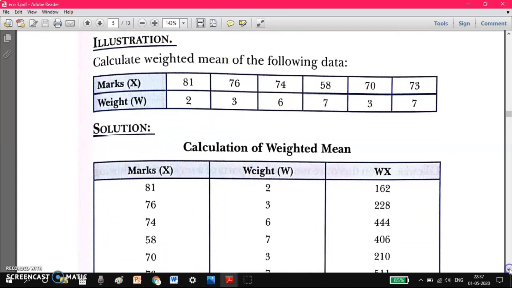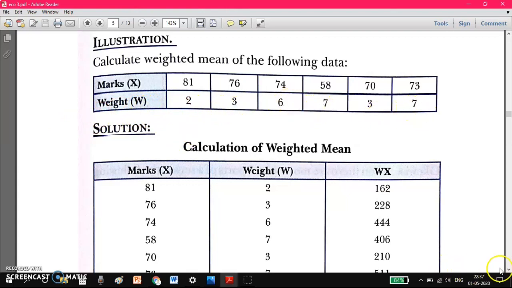It is very easy. Like we did with the mid value, where we multiplied f with m because everything was already given, same here as well: X is 81, 76, 74, 58, 70, 73, and the weighted mean we have to calculate. W is 236, 737.